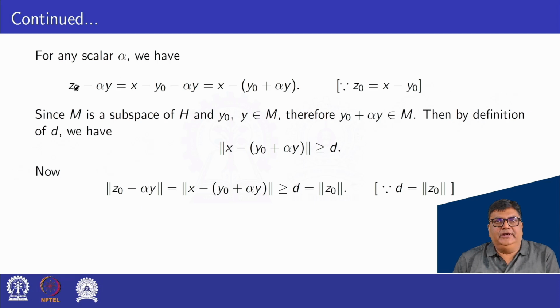So this can be written as x minus y0 minus alpha y, that is, x minus (y0 plus alpha y). Since M is a subspace of H and y0, y belong to M, therefore y0 plus alpha y belongs to M. Then by definition of d, we have the norm of x minus (y0 plus alpha y) is greater than or equal to d.